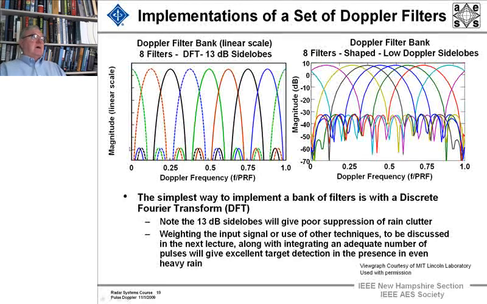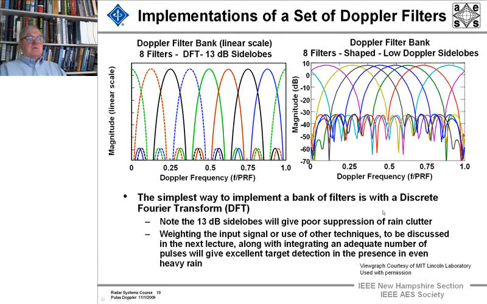I should have added in the numbers, I'll do that. Just a linear scale. And here is the Doppler filter bank of 8 filters that are shaped to have low Doppler side lobes. And you notice they're down on the order of 35 dB in most cases.